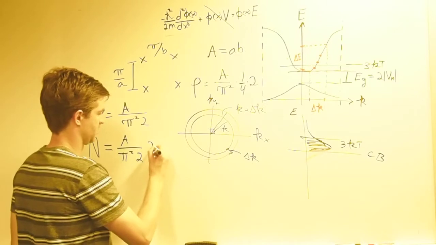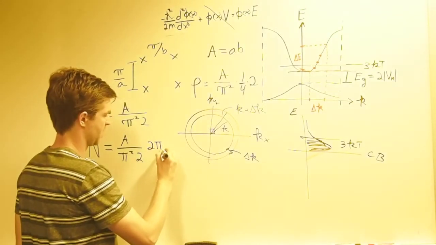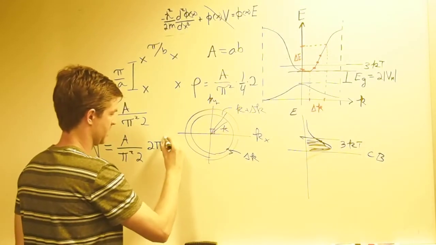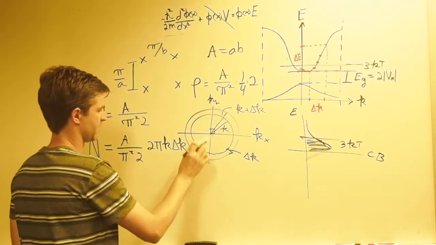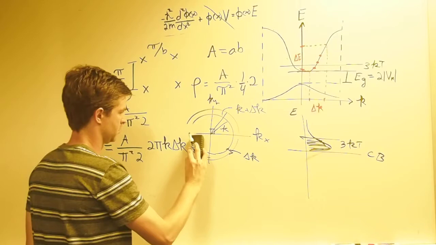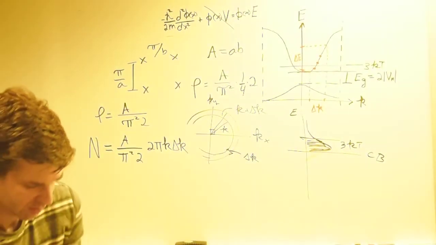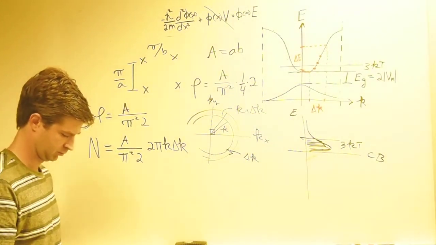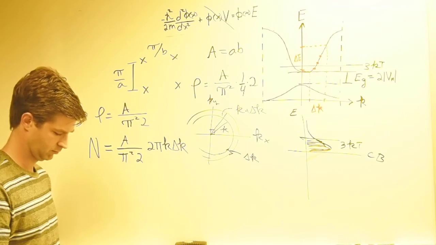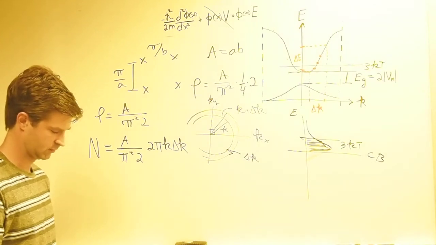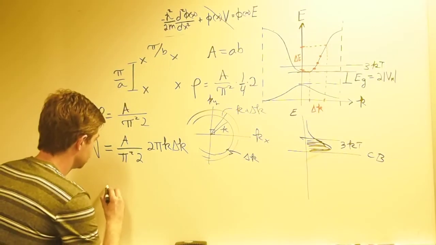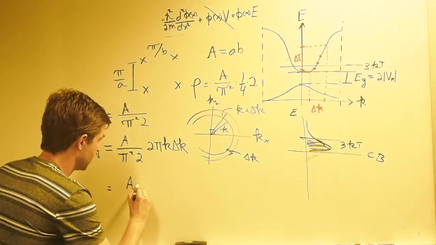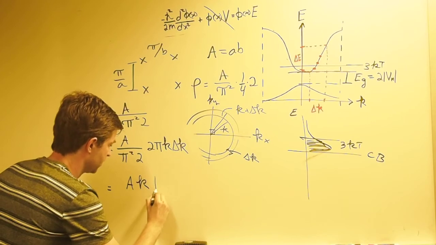That's 2 pi r, which is k, times delta k. Let me double check that. Yeah, that's right.